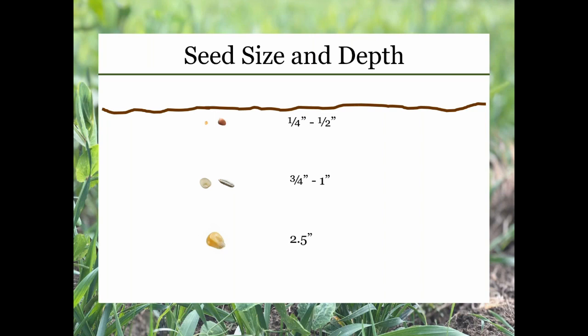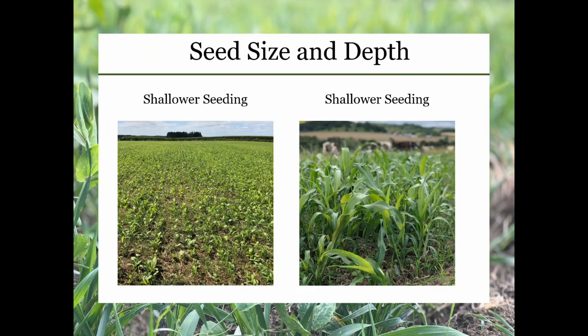And then you get into your cereal rye, millets, at that 1/2 to 3/4 of an inch. And then mung beans and cowpeas and some of those need to be approximately an inch in depth. What created that 2-pack system was a farm west of Dubuque, where he planted what we call summer blend, which has sorghum sudan and sudan grass in it. And then it has the hybrid brassica.